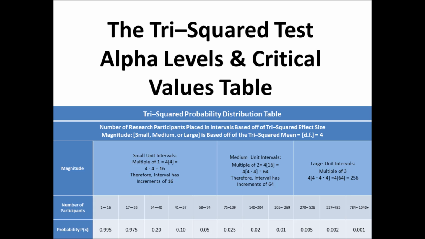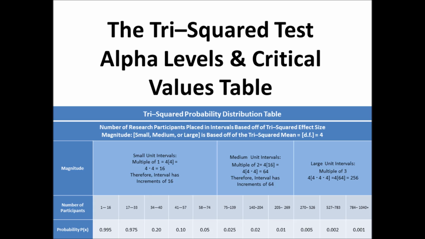Because of that, to get levels of significance, it's very easy to calculate. If it was a normal curve, well, it's not. It's an actual skewed curve because it's fixed. You're able to determine what the intervals are for sample sizes. In an ideal tri-squared test, all categorical variables and all outcome variables are 0 across the board. That's how you get your critical values. You start from an ideal relationship of 0 and you calculate out from there.